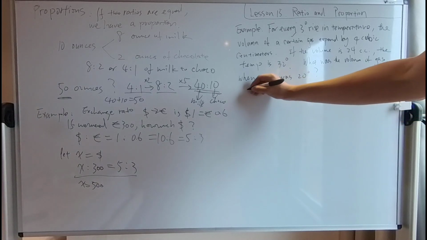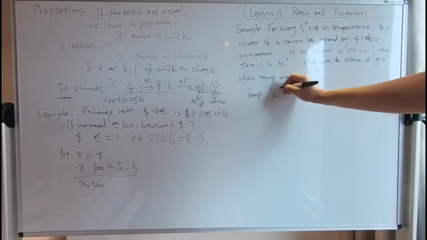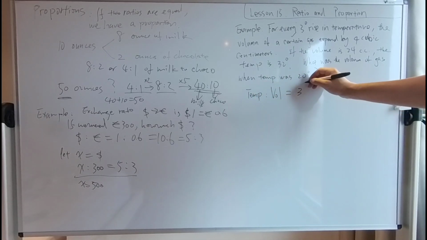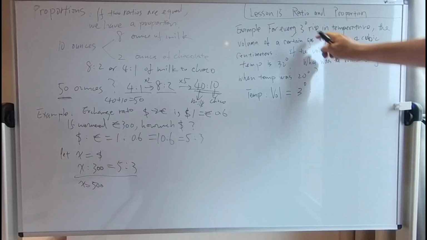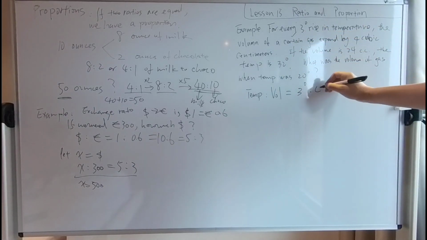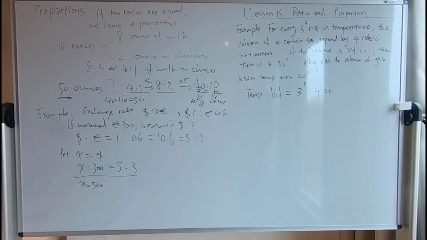So the temperature change versus volume change is 3 degrees, right? Every 3 degree rise, the gas expands by 4 cubic centimeters. So it's 3 versus 4.